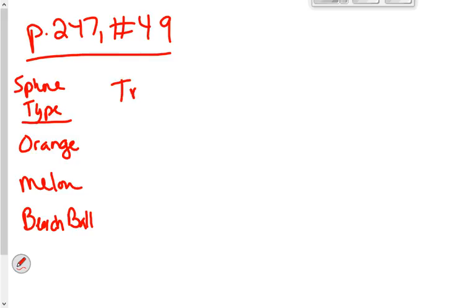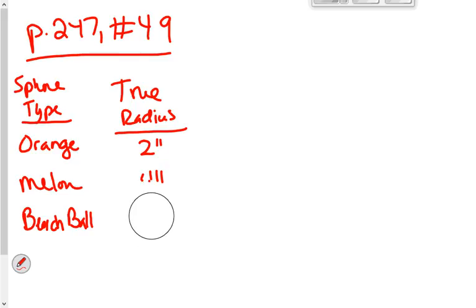Each of those objects has a true radius. So the radius of the orange is 2 inches, the radius of the melon is 4 inches, and I'm actually going to write out inches. And the radius of the beach ball is 7 inches.